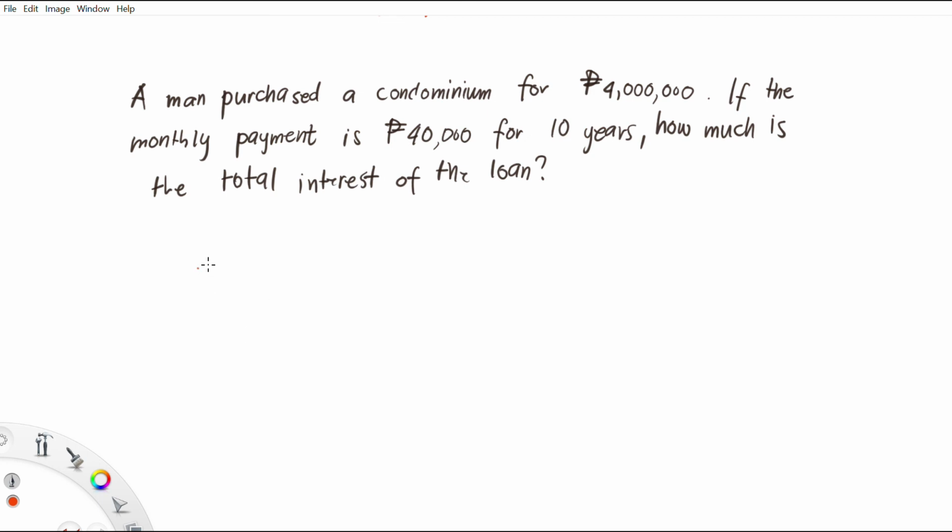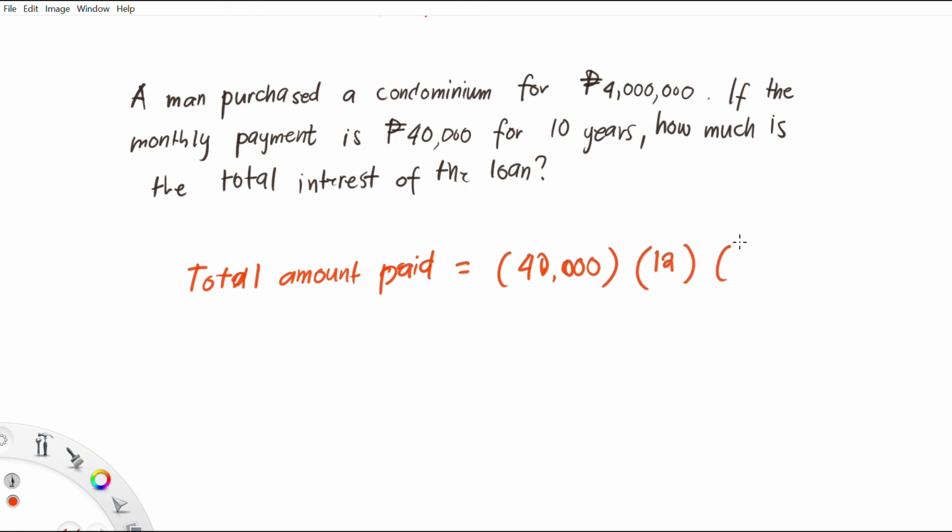So we have the total amount paid, 40,000, which he will be paying monthly, 12, for 10 years. So we have 4,800,000.